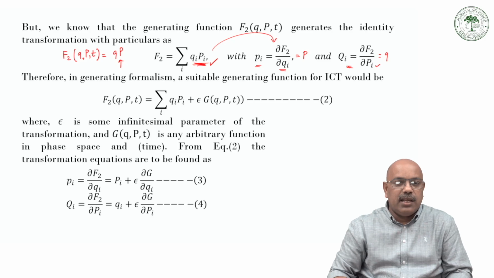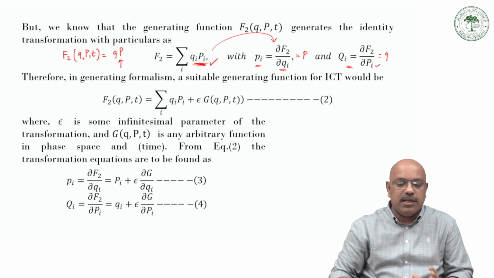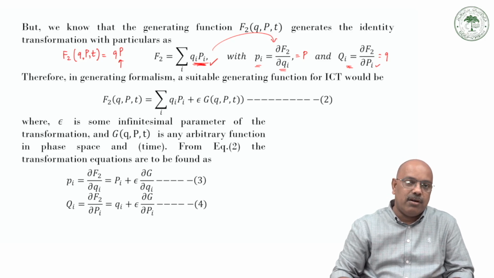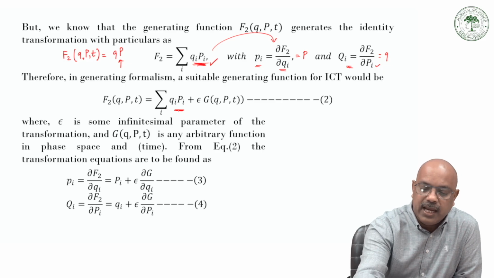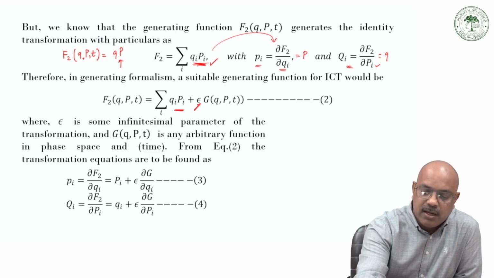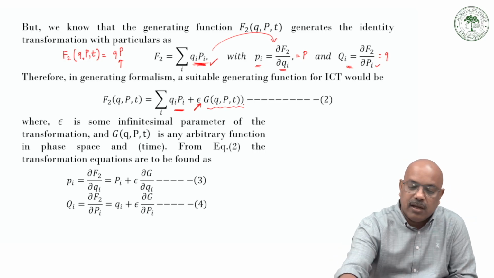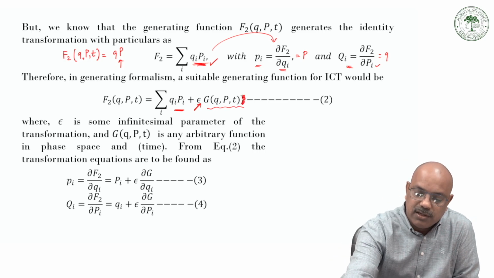One thing is clear: my generating function for the infinitesimal canonical transformation is going to have the part qi Pi in this F2, and then in this F2 generator, I add some infinitesimal component with some function which is going to be my generator.